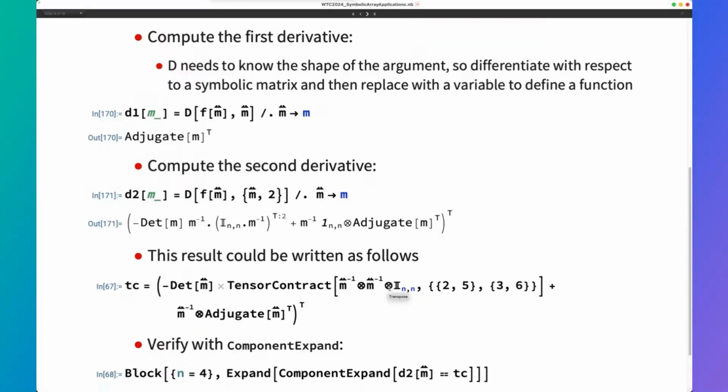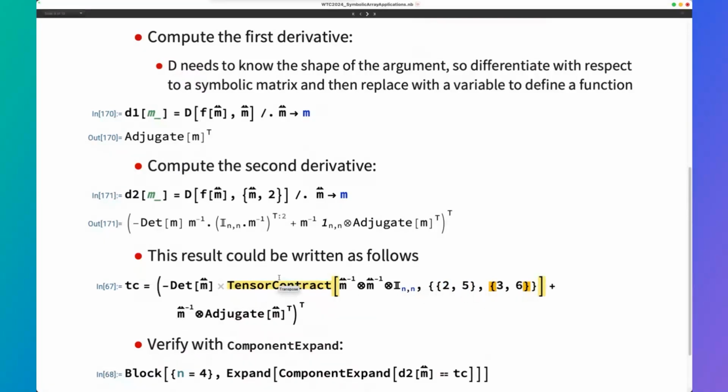And so here, I write this out as the matrix product, m inverse, and then there's the identity array. The first slot of m inverse is 5 in here, and then the second slot of the first m inverse is 2. The first slot of this m inverse is 3, and that goes into 6, because we started by putting it into the last slot and then we moved it 2 over.